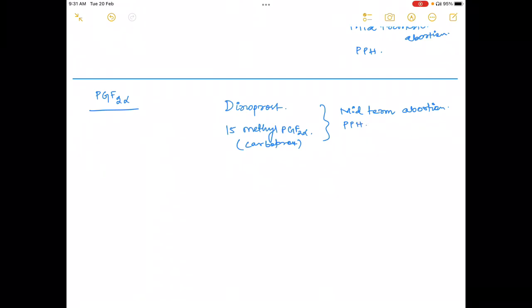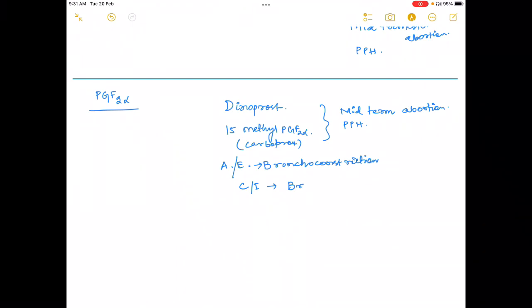Now, this causes the adverse effect of bronchoconstriction, yes or no? We have read it previously. PGF2 alpha causes bronchoconstriction. So in cases where there is asthma, it is contraindicated in bronchial asthma.